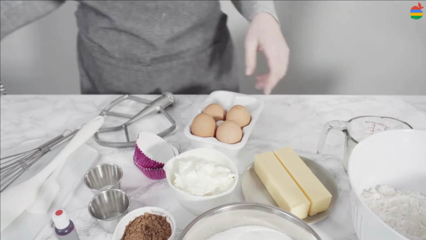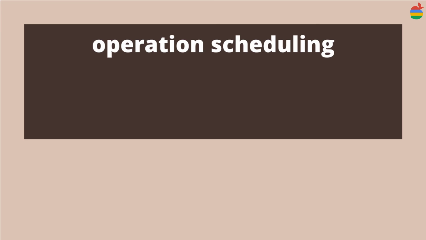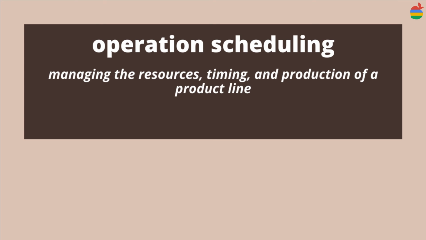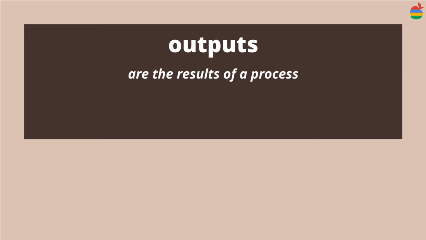Let's review. Just like baking cupcakes, companies have to follow operations scheduling, which is managing the resources, timing, and production of a product line. This operation scheduling has both input, the ingredients to a process, and output, the result of a process.